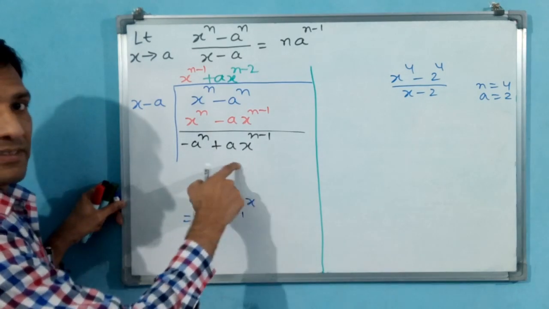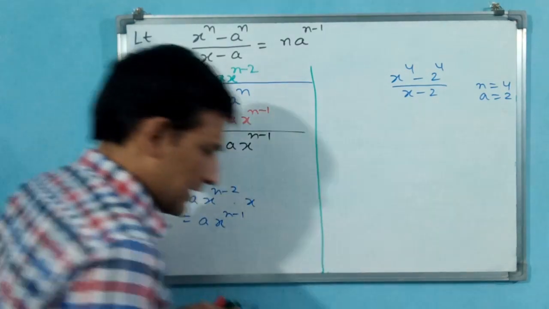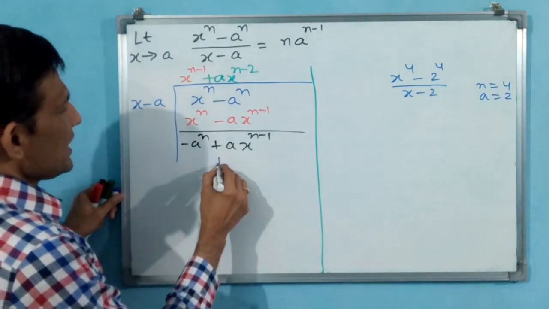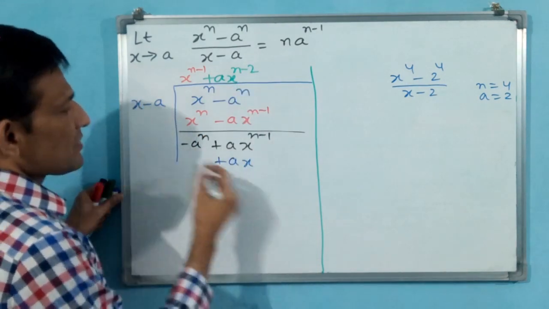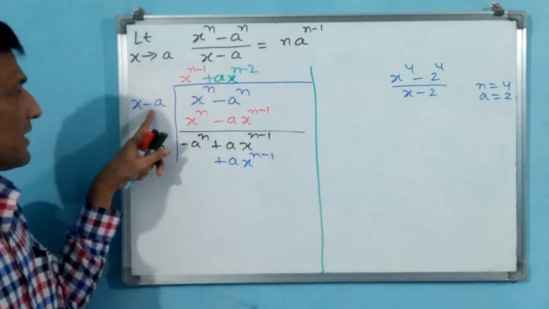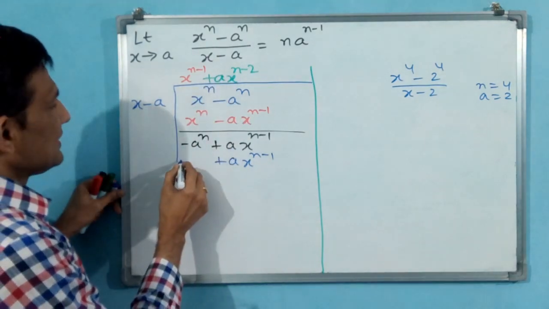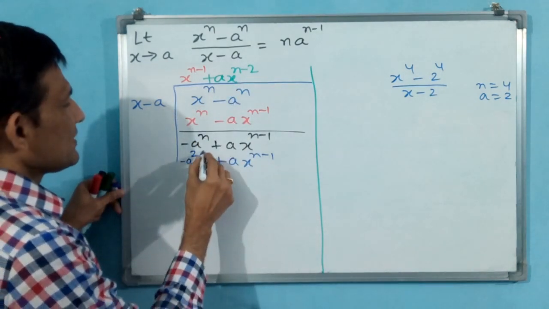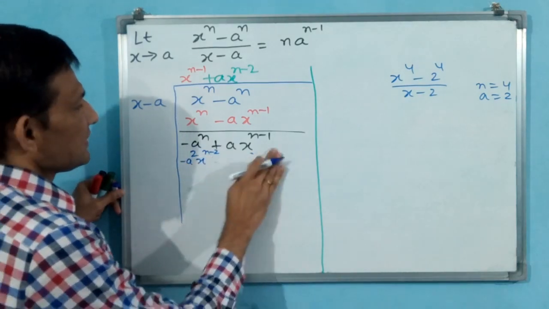Now you multiply x into a into x power n minus 2 plus 1, that is n minus 1. But the second term is also there. You have to multiply this also. If you multiply this, you see what is going to become? Minus a square x power n minus 2. I am writing like this.